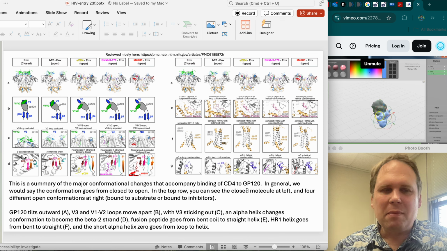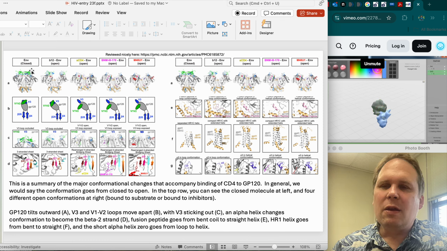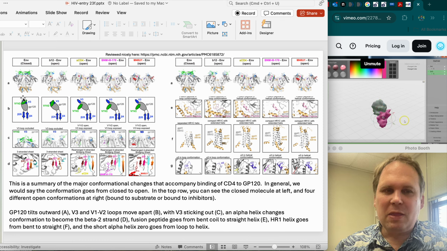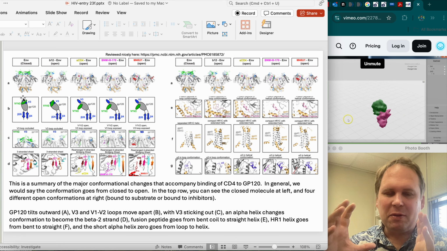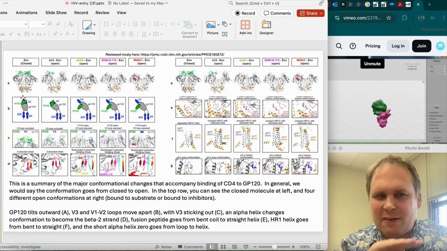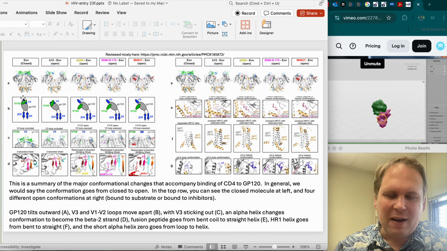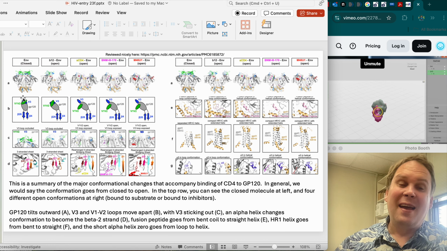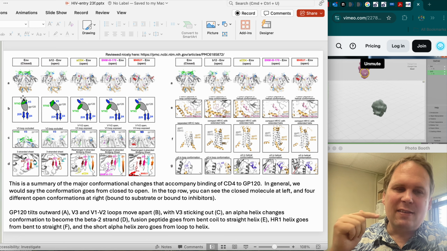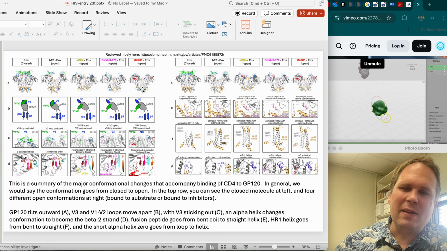The other thing that's a problem here is that the closed conformation is the one that your immune system would really like to be able to recognize. Because if you recognize that, you don't get infected, because you can stop the virus before it does these things. But with most vaccine versions of the envelope protein, you can stabilize it in the open conformation like this, or the half open conformation.